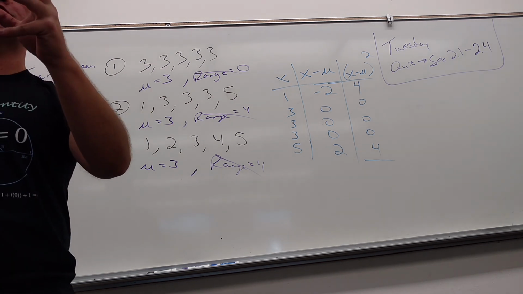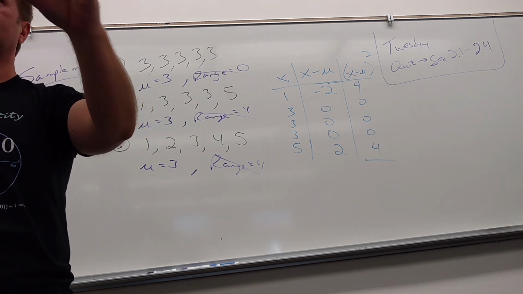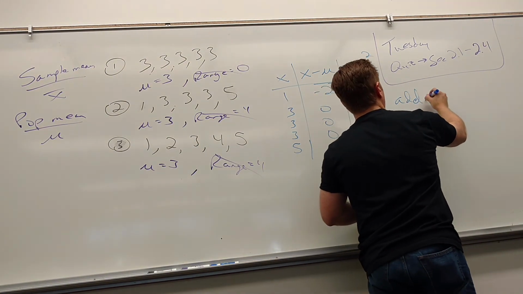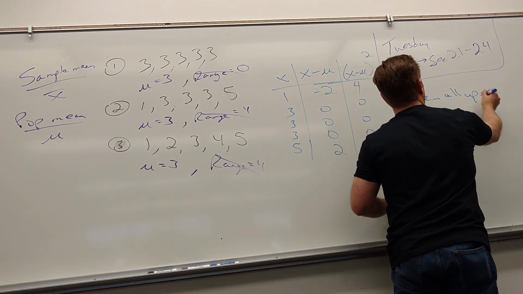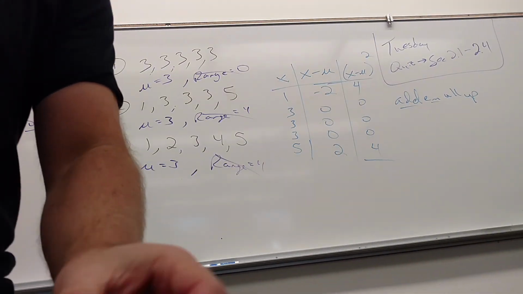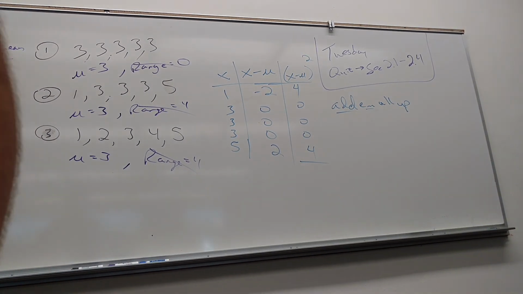So here comes our first real formula in statistics. This is the first real one. So instead of saying add all up, we use the symbol, the Greek letter S, because it's like sum.